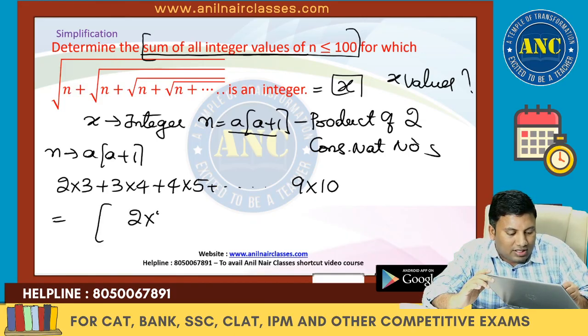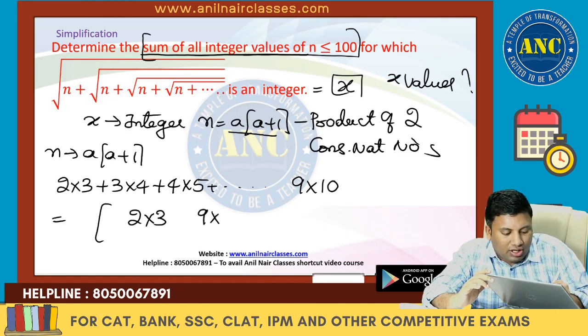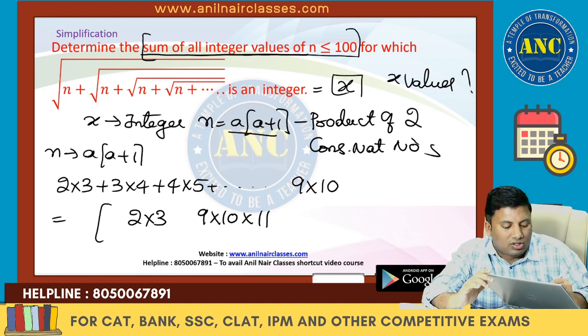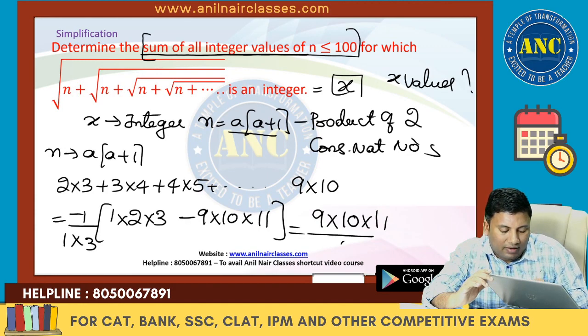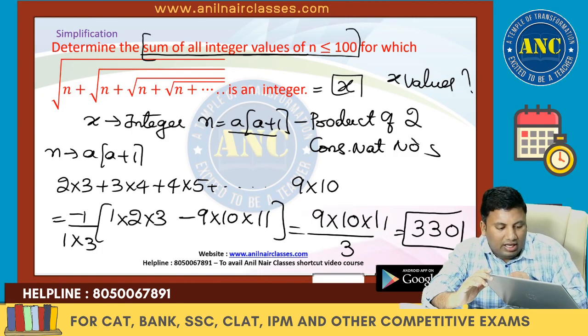Write down the first two and the last two. 2 and 3 differ by 1. So this is 9 into 10 into 11 divided by 3, which is 330.